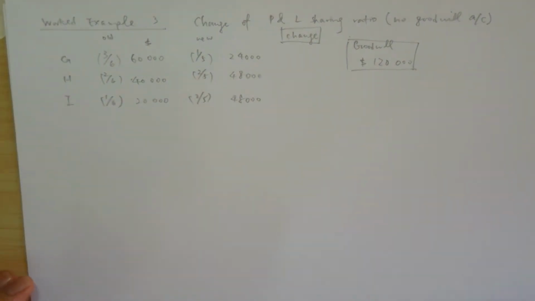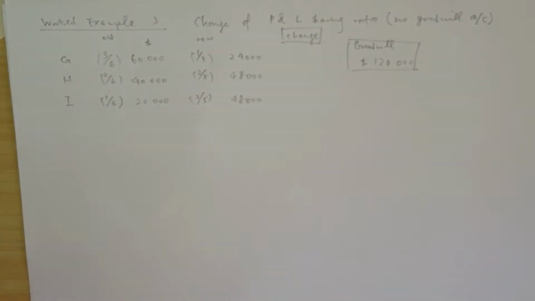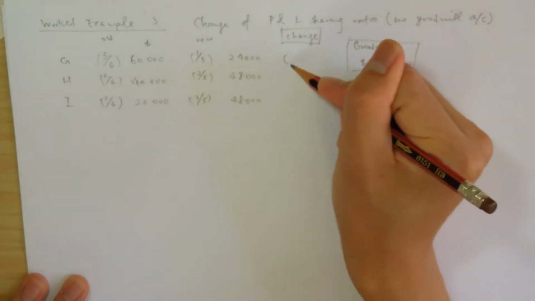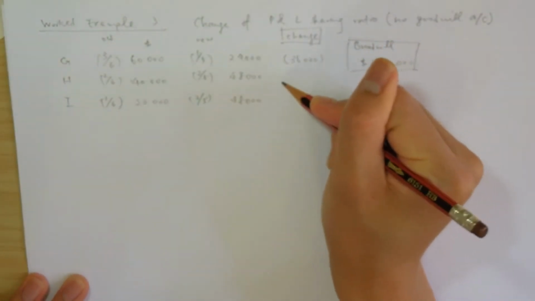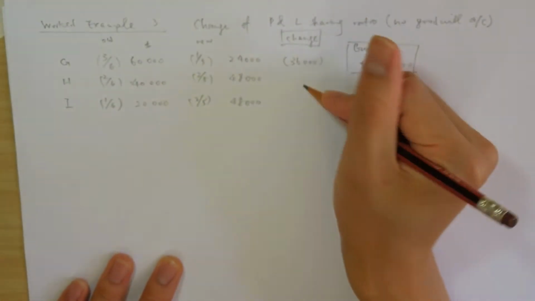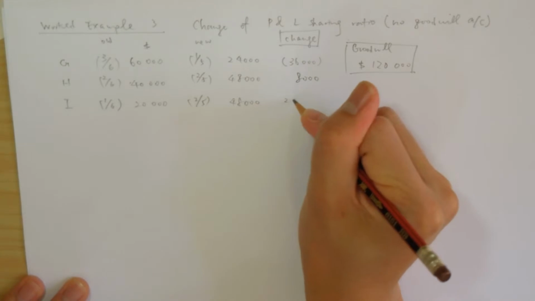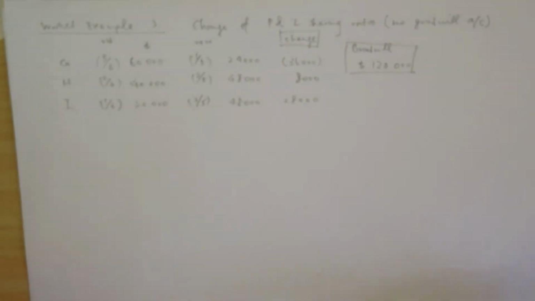So we need to calculate the change. Always, for change, we take the new one minus the old one. So for the changes, G negative 36,000, H positive 8,000, and at last I positive 28,000. Okay, but how is this related to our journal entry? It's like this. For G, you find the change is negative.